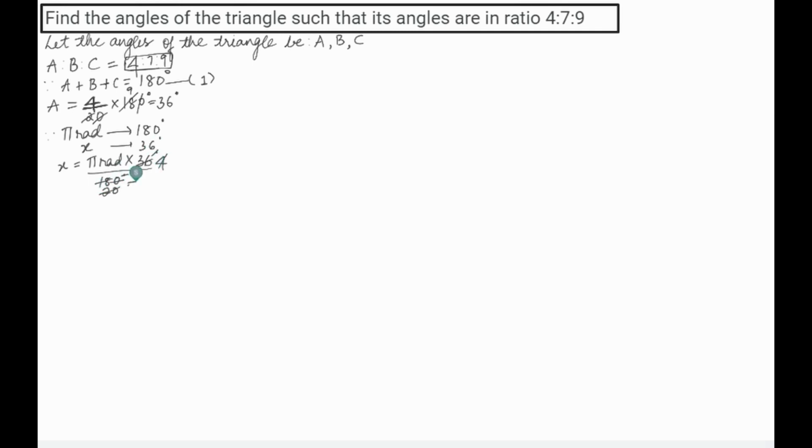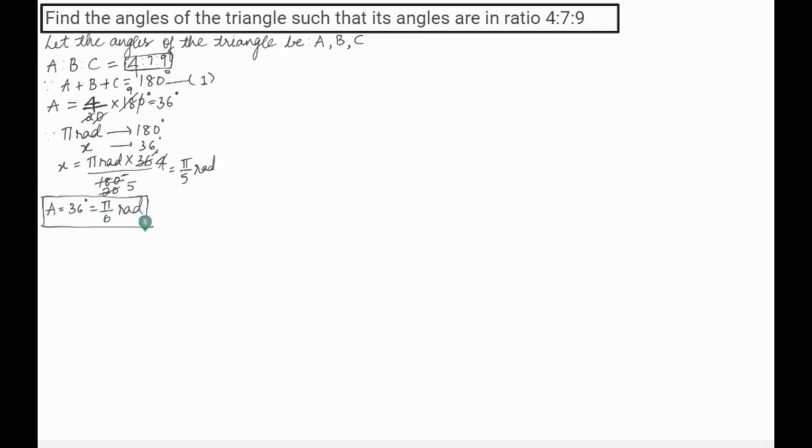So x is equal to pi by 5 radians. So we have found our first angle A, which is 36 degrees, and in radians it is pi by 5.